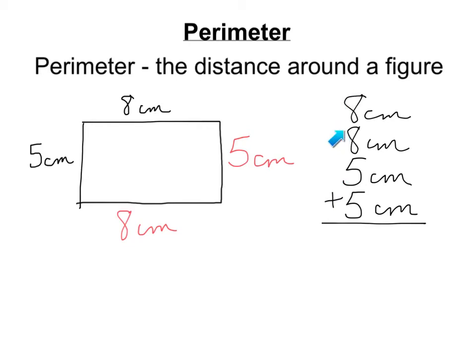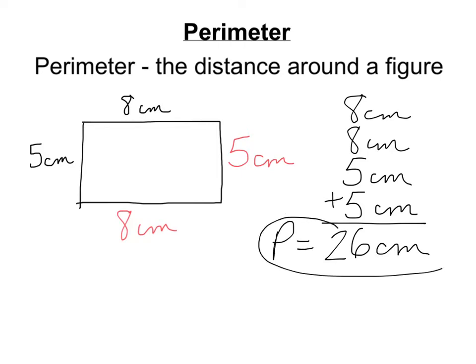And then I would think 8 plus 8 is 16. And then 16 plus 10 gives me 26. Centimeters plus centimeters plus centimeters plus centimeters is centimeters. So the perimeter equals 26 centimeters.